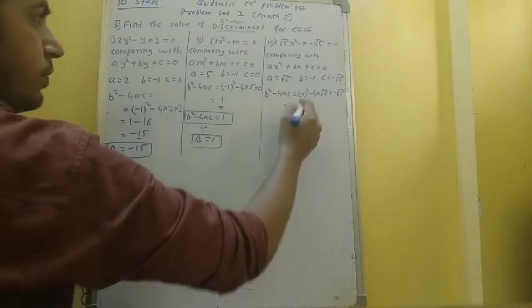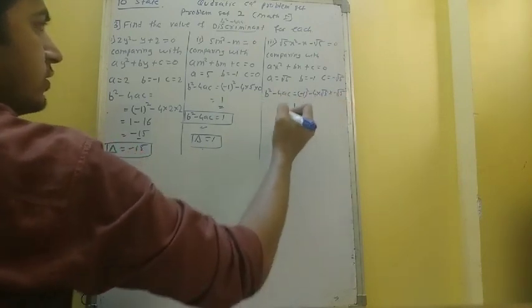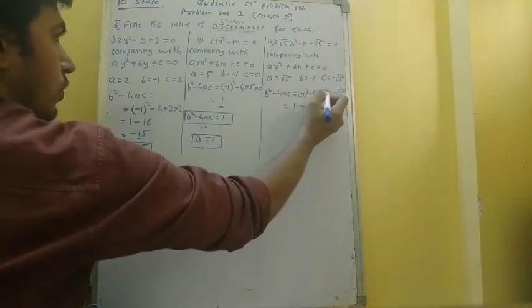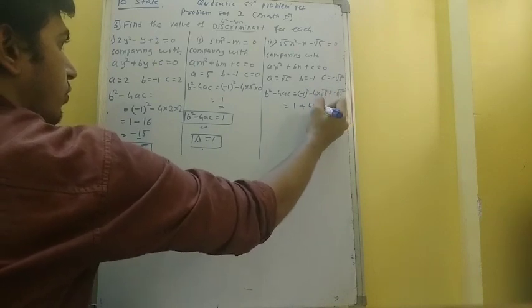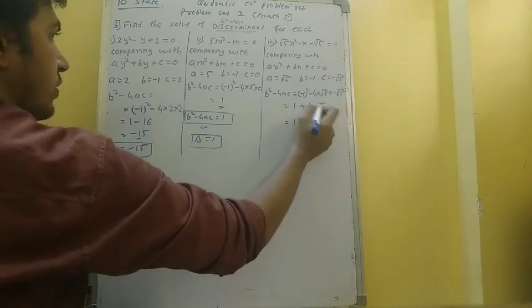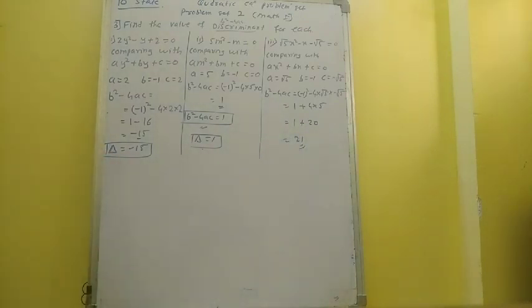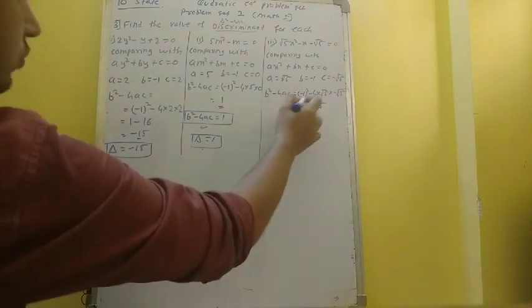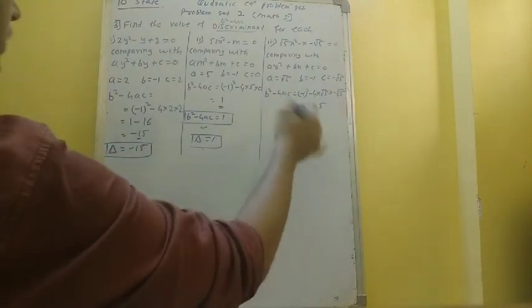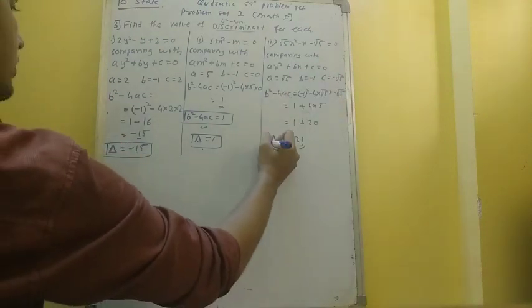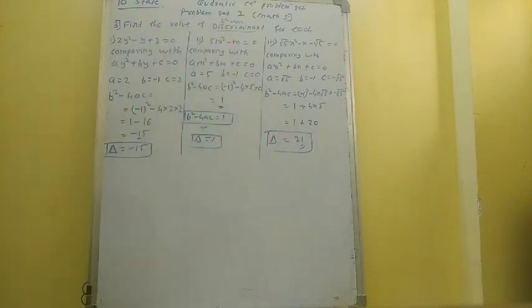Minus 1 square is 1, minus minus plus, 4 into square root of 5 into square root of 5, that is 5. 1 plus 5 4s are 20. We have 21. Let me check it again. Minus 1 square is 1, minus minus plus 5 4s are 20. Yes, so the discriminant is 21. So that was the third question, we only need to find the value of the discriminant.